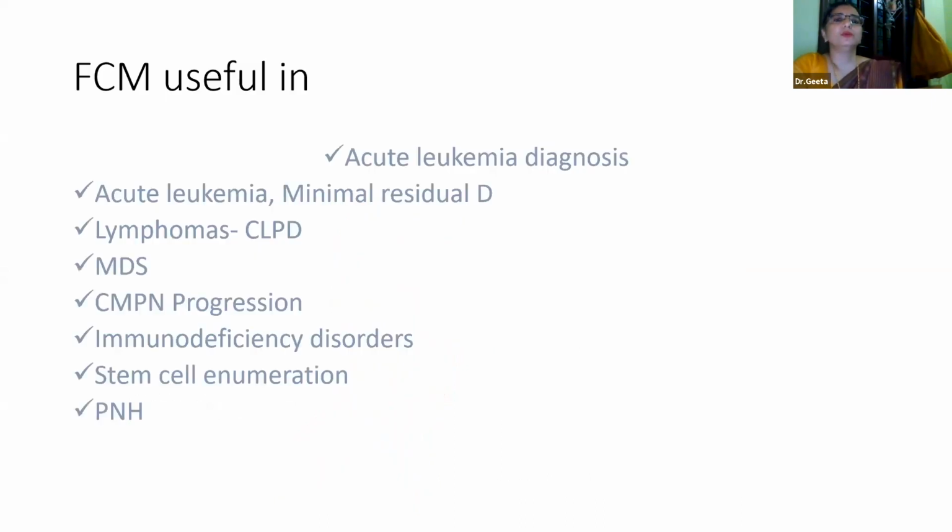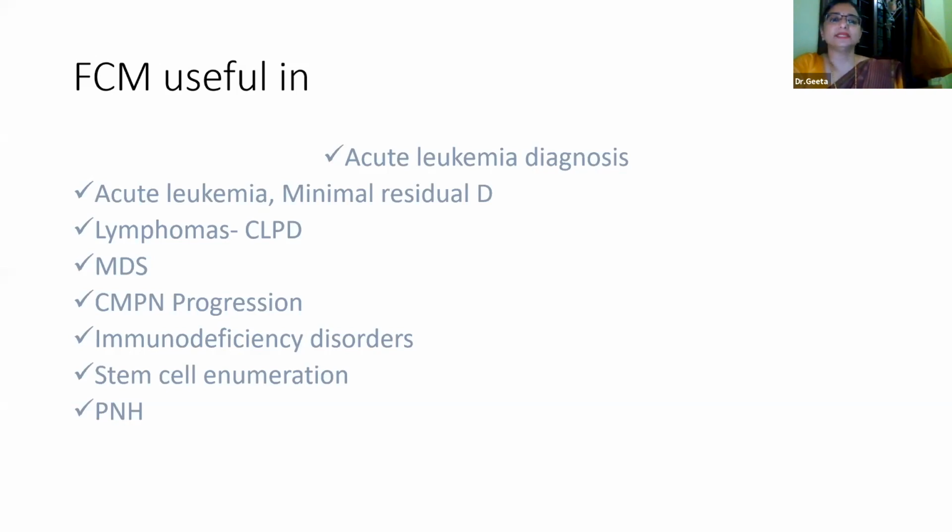So now going on to the applications of flow cytometry. Of course, all of us know that acute leukemia diagnosis is the most widely used application. Along with that, it can also be utilized for residual disease analysis, which helps us in finding very small clones when they relapse.